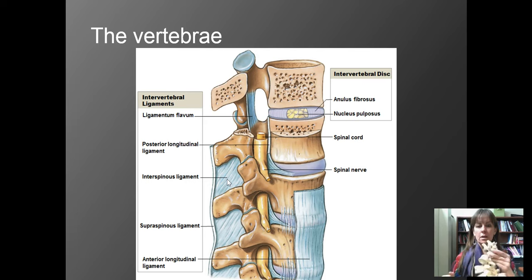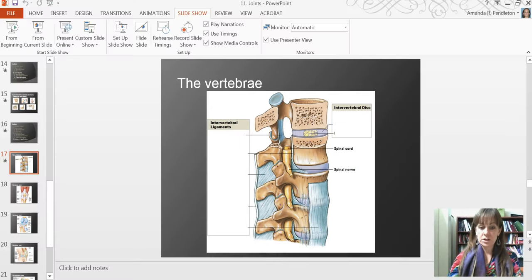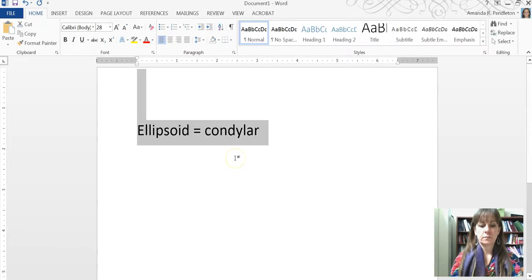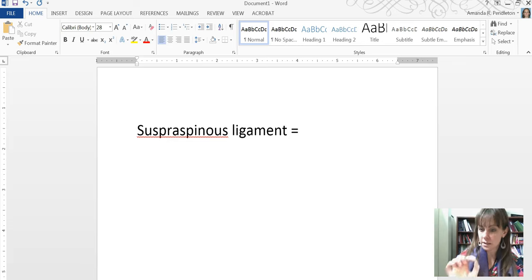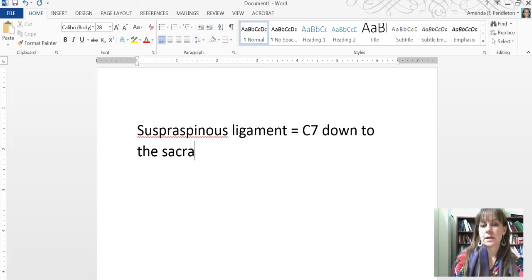Now let me go ahead and give you a name distinction. The supraspinous ligament is going to run on the tips of the spinous processes from C7, the 7th cervical vertebra, down to the sacrum. You have a different ligament in the same location.